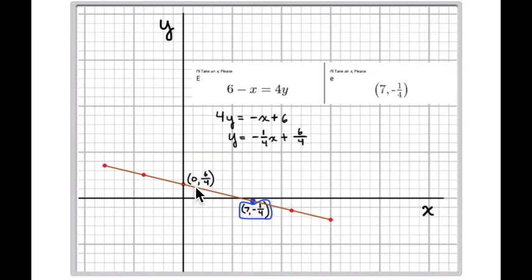So the y-intercept is 0, 6/4, that's right here. This point is on the line, 7, negative 1/4, so 7, negative 1/4. From here, you can go out 4 more units, 1, 2, 3, 4, and down 1. So this is going to be 10, 11, and 1 1/4. 4 more units, 1, 2, 3, 4, and down 1.